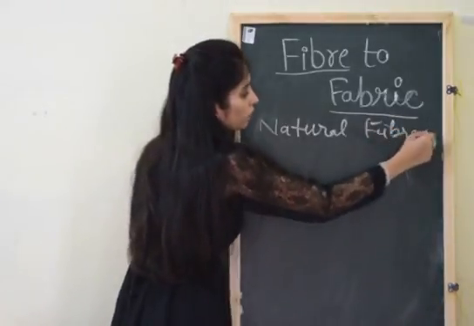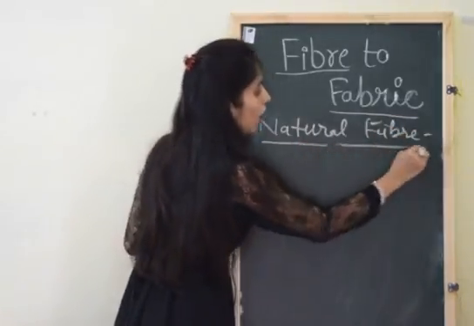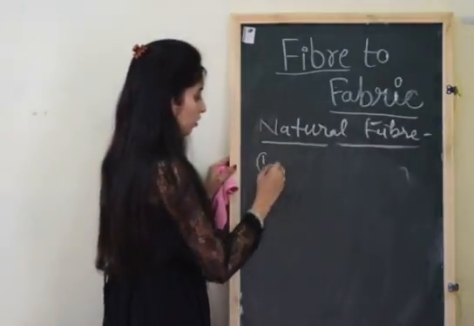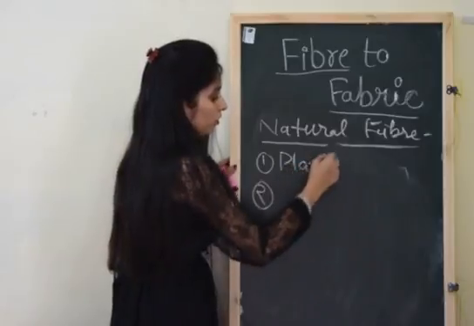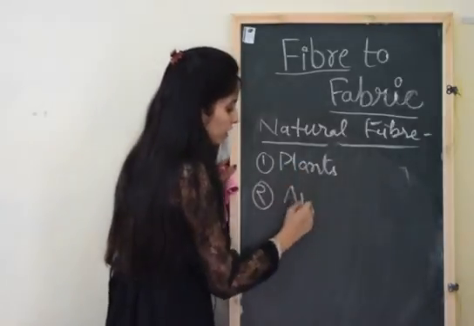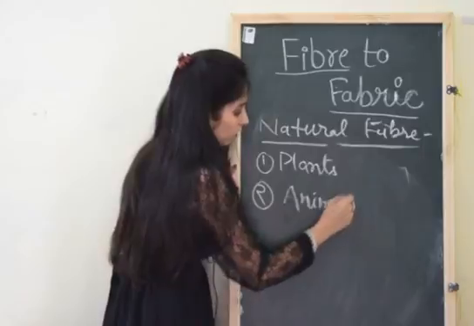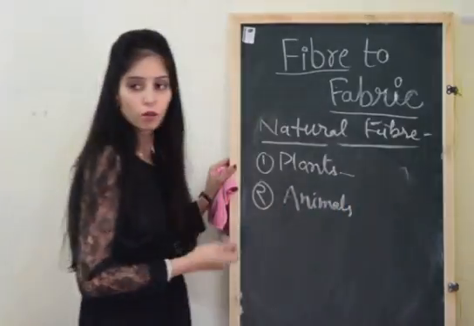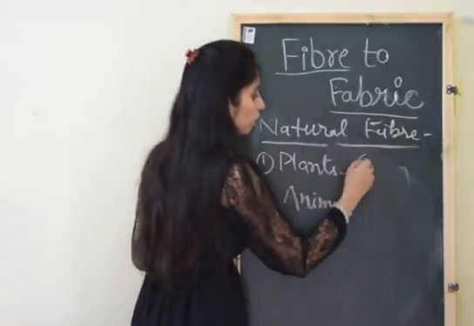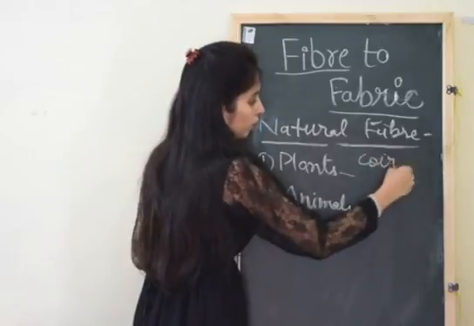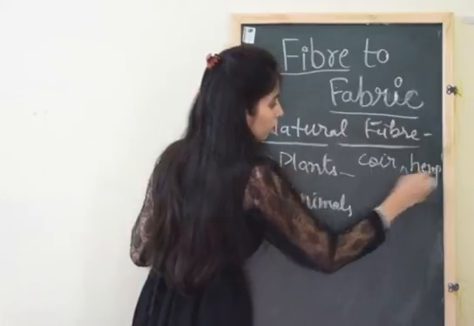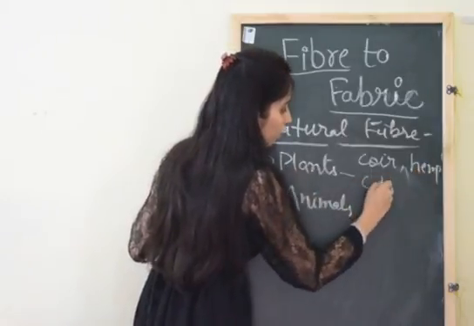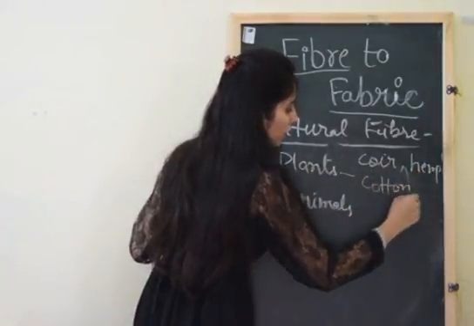Natural fibers come from plants as well as animals. The examples of plant fibers are coir, hemp, cotton and jute.